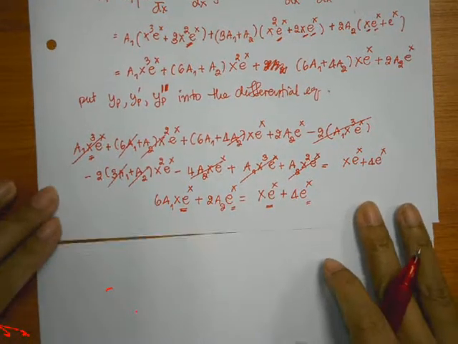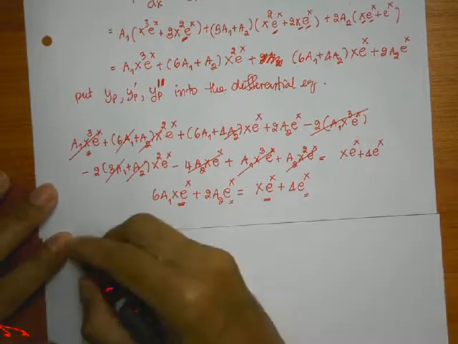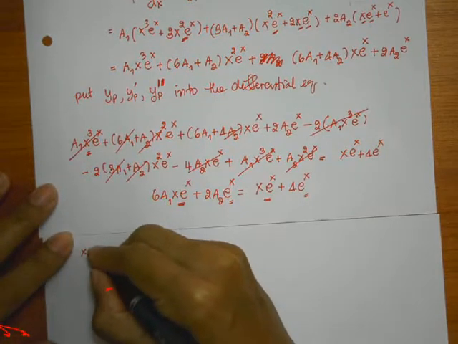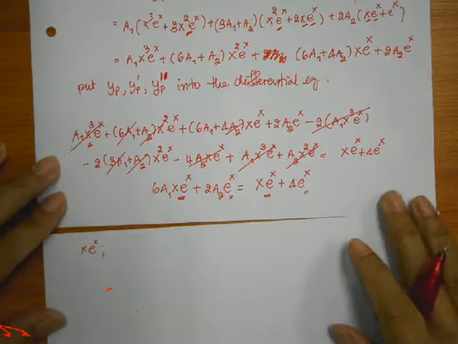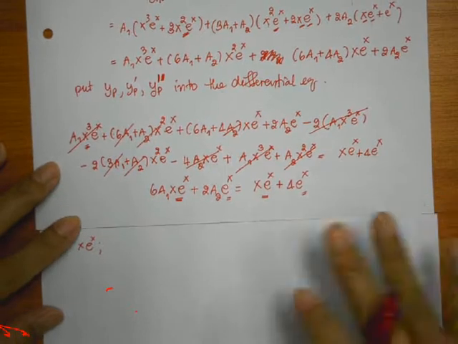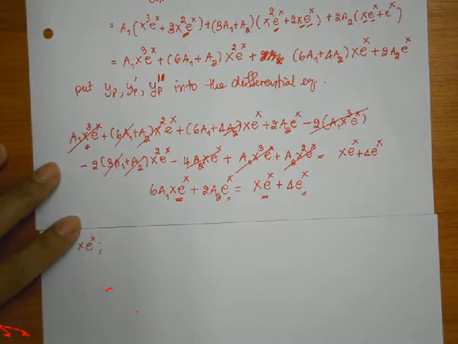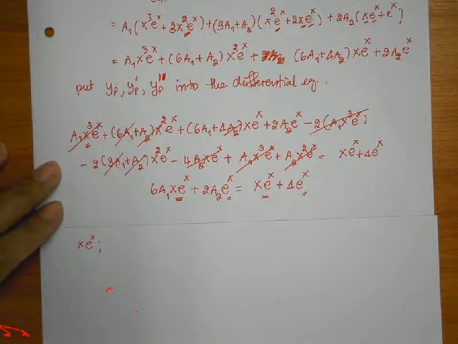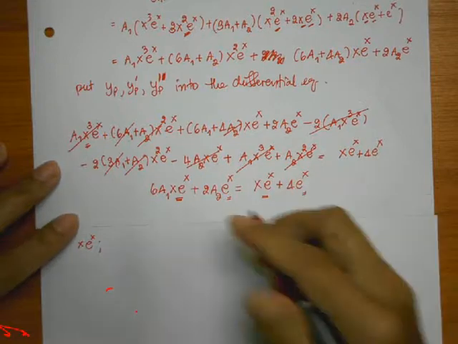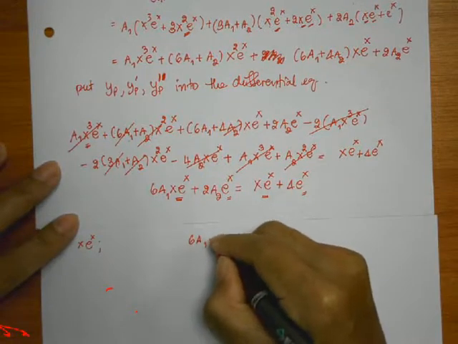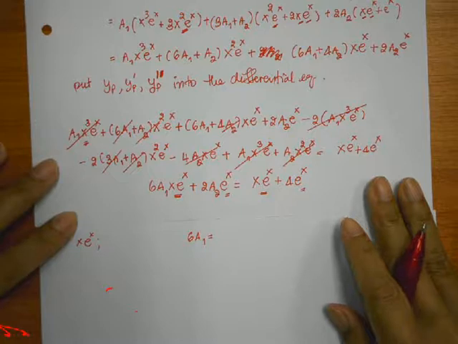Now we take a look at the first function, which is x times exponential of x. If we want this equation correct, we would get 6a1 equal to 1.